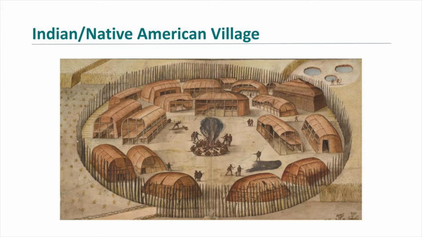Now, I'm saying all this while we're looking at a drawing from 1585, 1586 of an Indian or Native American village. This was done by an artist named John White, who spent a year on the Outer Banks of North Carolina in 1585-86 as part of an expedition sponsored by Sir Walter Raleigh. In this drawing, he shows an Indian village surrounded by a stockade. It's not clear how accurate this is.